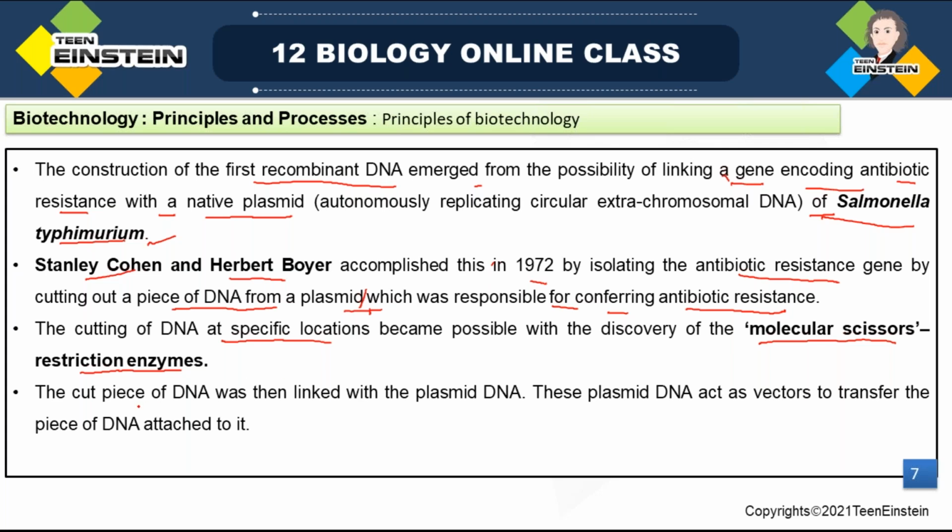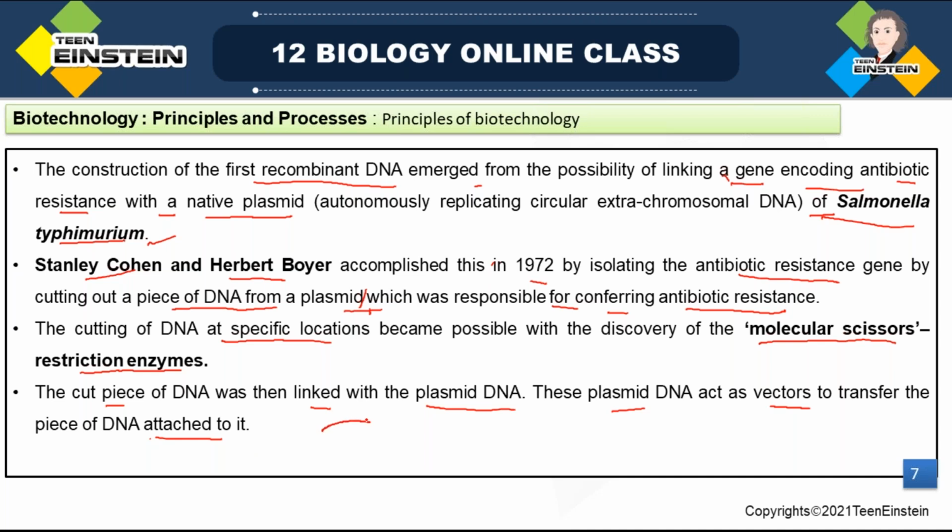Then the cut piece, whichever desired part of the DNA we cut with the help of the restriction enzyme, was then linked with the plasmid DNA. Then this plasmid DNA acts as a vector to transfer the piece of DNA attached to it.